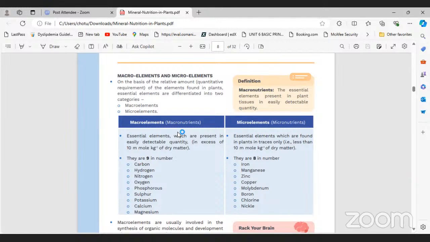Many workers believe that a number of elements are likely to be added to the list of essential elements. Like the vitamins in animal nutrition, the mineral elements are often considered mainly in relation to the pathological symptoms produced by their deficiencies.